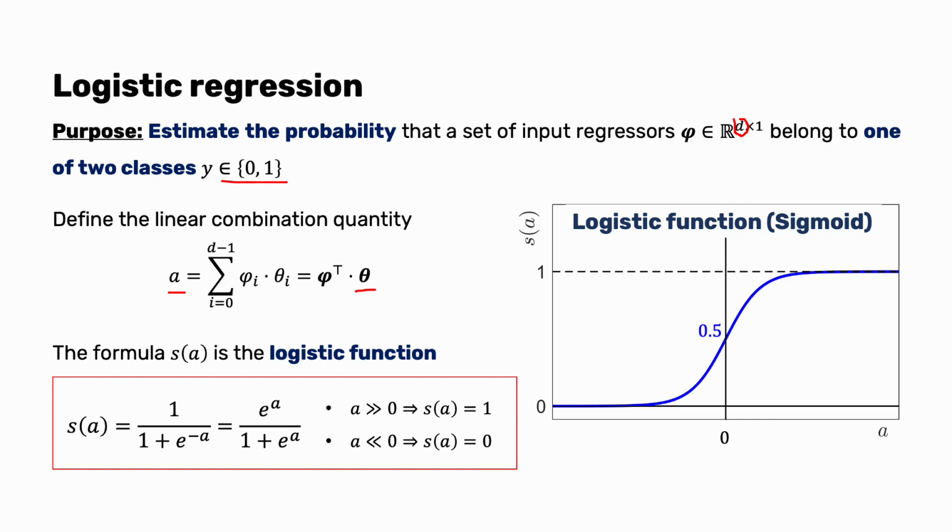The threshold is 0.5. When a is greater than 0, we will assign the sigmoid to 1, and when a is less than 0, it will assign the sigmoid to 0.